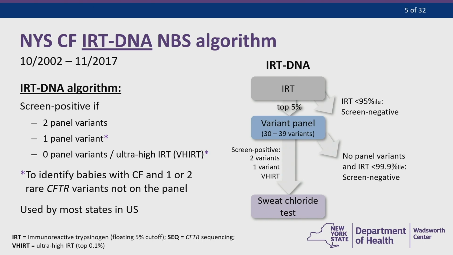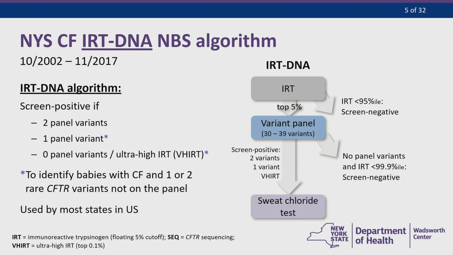We use a floating cutoff. The top 5% get reflexed to a variant panel. Between 2002 and 2017, that ranged from 30 to 39 variants. And then babies are considered screen positive if they have 2 panel variants, 1 panel variant, or no panel variants, but ultra-high IRT, which I'll abbreviate as VHIRT throughout.